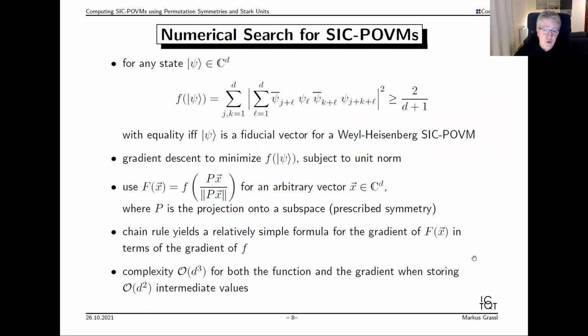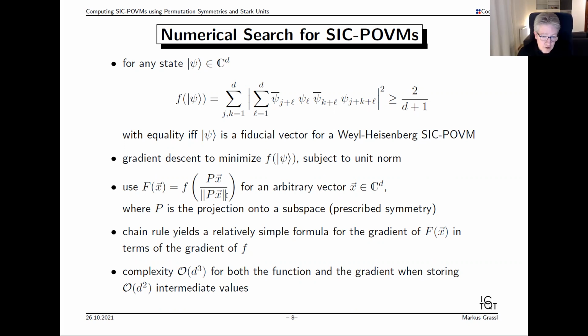When we rephrase that, it turns out that the main idea, introduced by Andrew Scott, is that instead of minimizing everything over the sphere of unit vectors, we just take an arbitrary vector, but evaluate our original function at the normalized vector. So we divide formally by the norm of the vector.